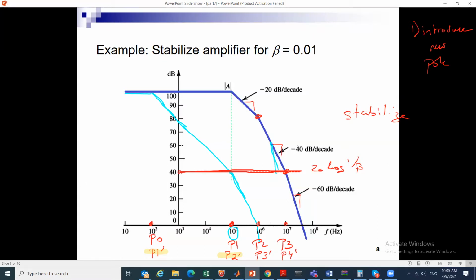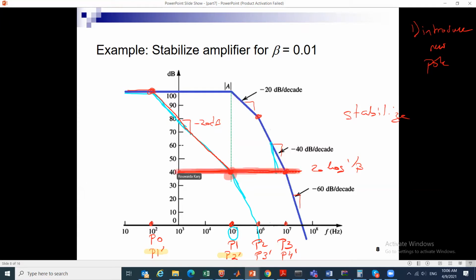But I know that if this is my first pole, when I hit it, what is the slope? Minus 20 dBs per decade, until when? Until I hit my second pole, which is my old first pole. So if I design my system such that I add the new pole so that when I reach my second pole, I have reached this 20 log 1 over beta.